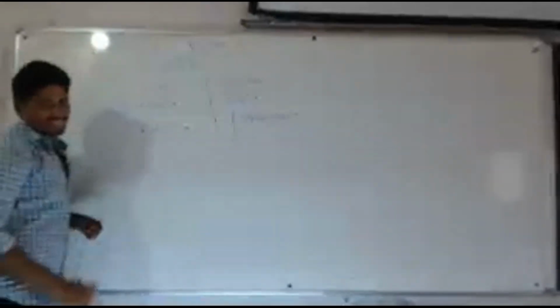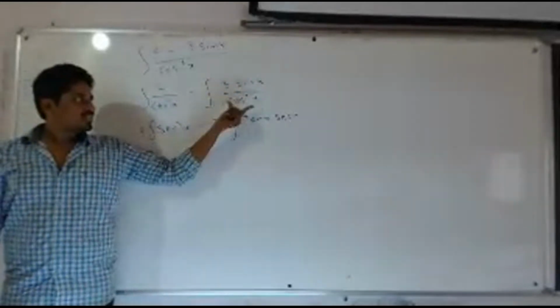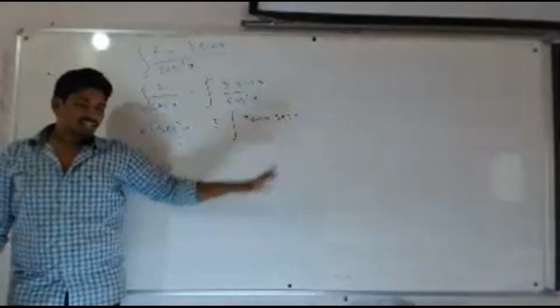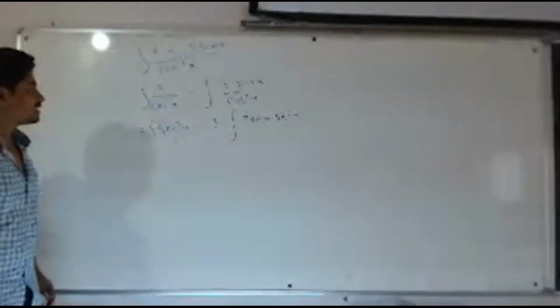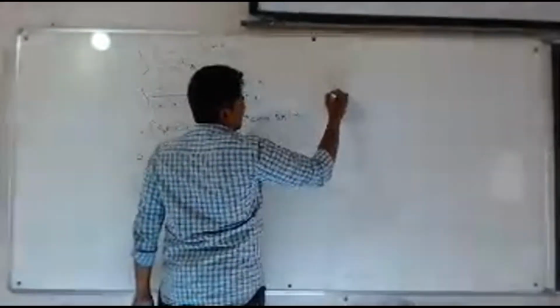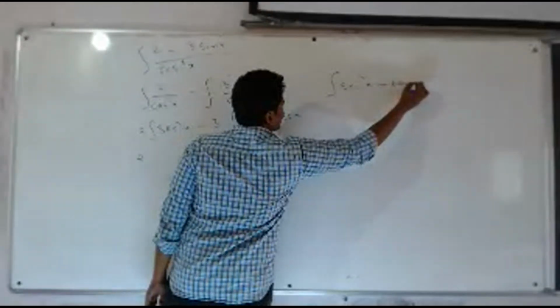See here, cos square x you can write as cos into cos. Sin by cos is tan, 1 by cos is sec. Now we can apply the formulas. What is the integral of secant square x? It is tan x.